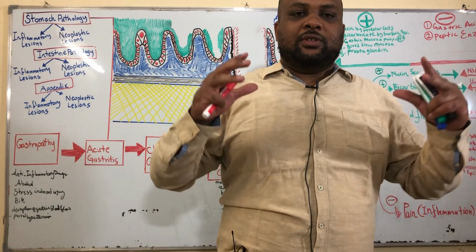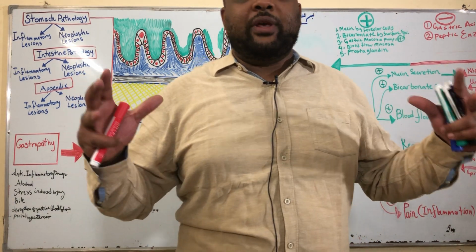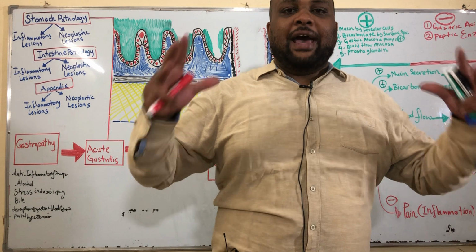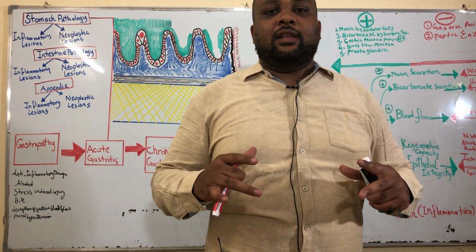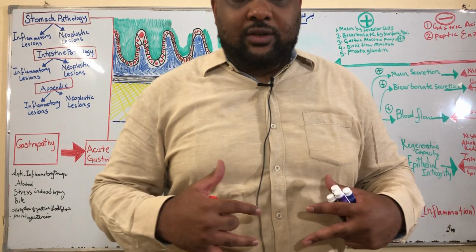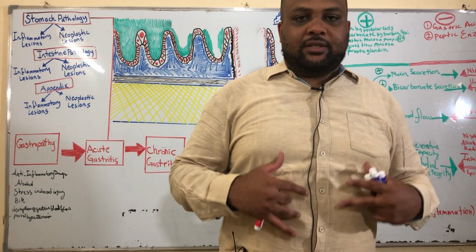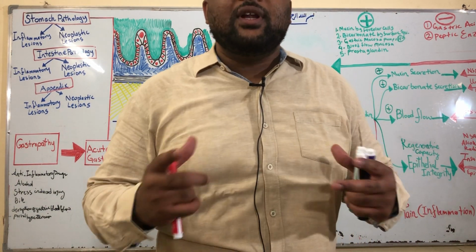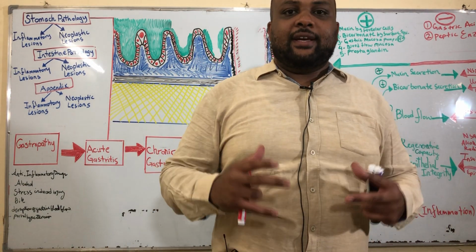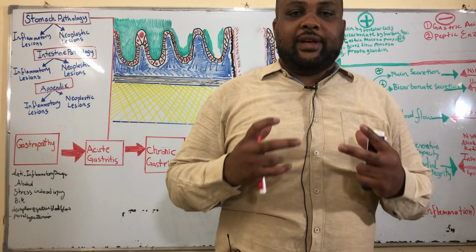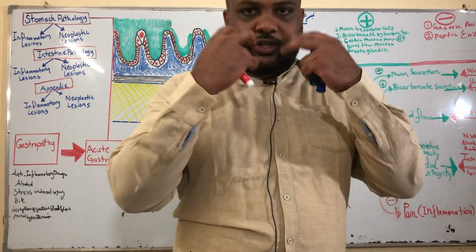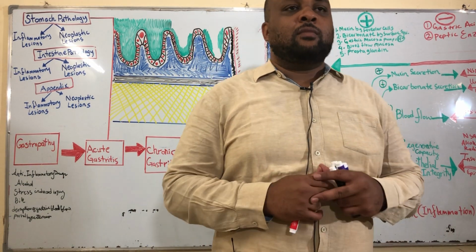In addition to, the stomach is just known for being a pool of acid. It is very acidic. The content of the acid in the stomach is 1,000,000 times more acidic than the blood. So it's very acidic in order to break down this food bolus that we take into our stomach.